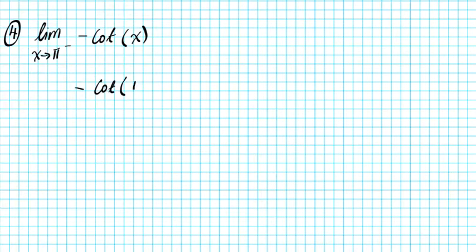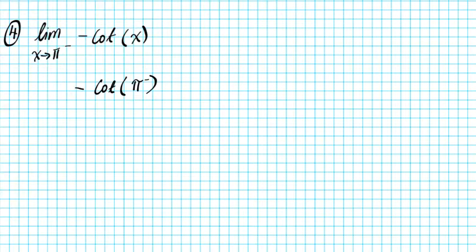Now for number 4, what if we were to find the limit as x approaches pi from the left of negative cotangent x? So we're going to substitute. If we substitute, we have negative cotangent pi from the left.